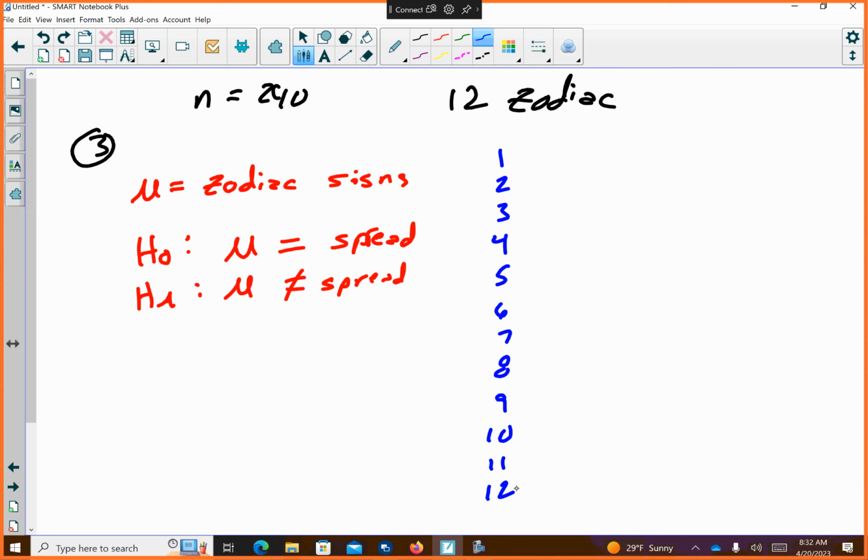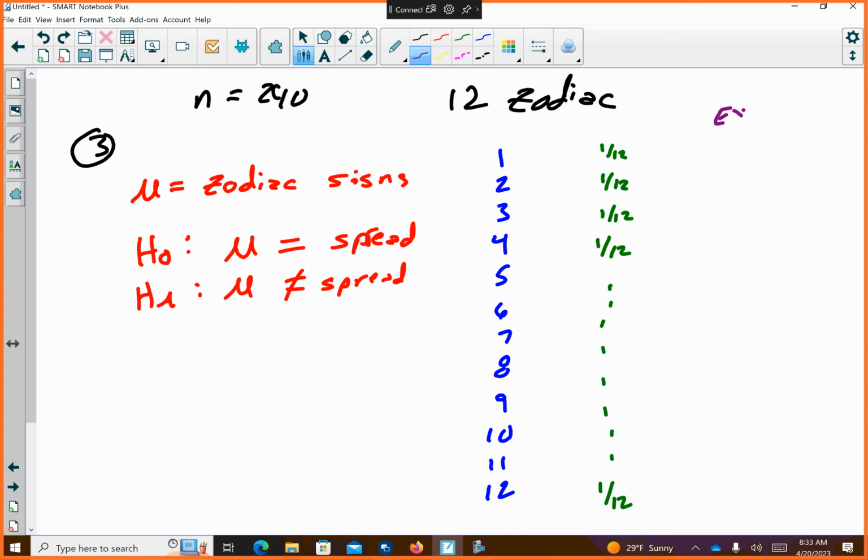So basically what they are looking at is they think that each one of these is a 1 in 12 chance. You have a 1 in 12 chance of any of these taking place. So that means that we have these 240 people.